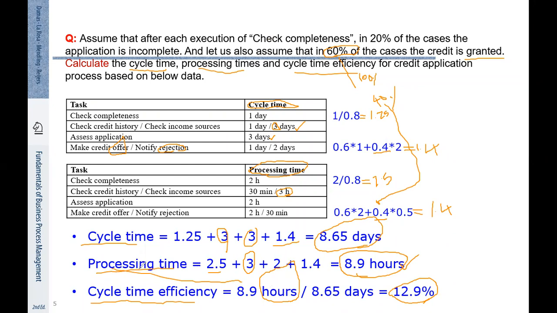This is like processing time divided by cycle time. Processing time must always be first, even if it is a smaller number, for example 5.9, you have to put the 5.9 first. 5.9 divided by what? You don't have to look at the smaller number. It must always be processing time divided by cycle time. Processing time is whatever result you get, put it here. Then cycle time is whatever you get here.